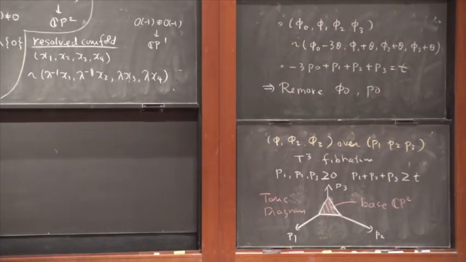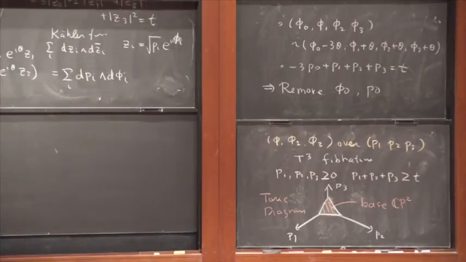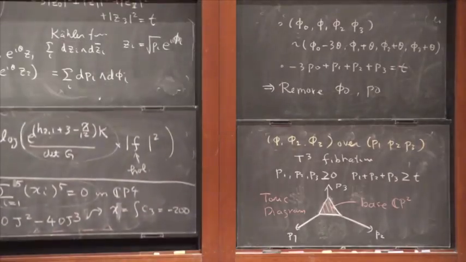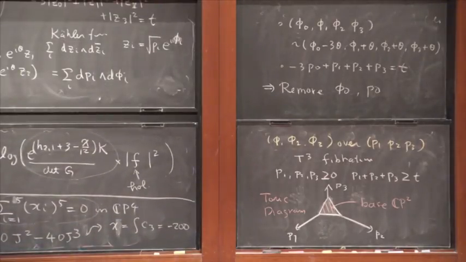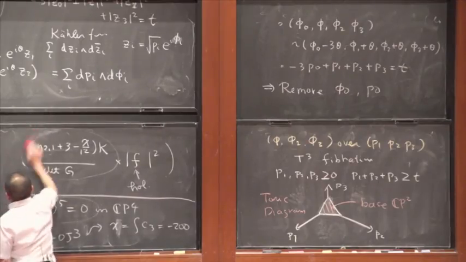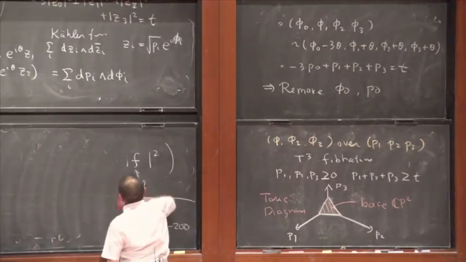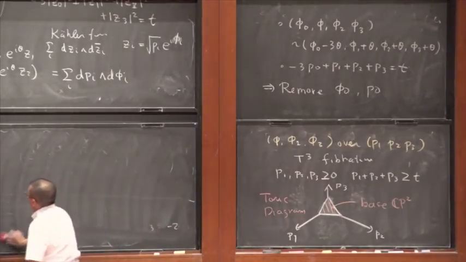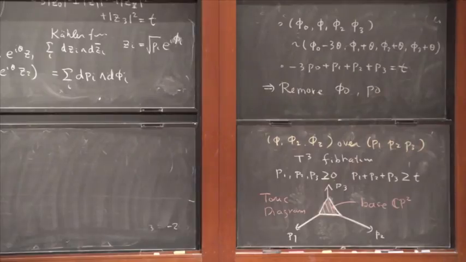It's just this type of picture that shows the structure of the T3 fibration. So now, given this tool, we can characterize other spaces. So basically what it says is that once you know the charge assignment, you can understand the geometry of the Calabi-Yau.